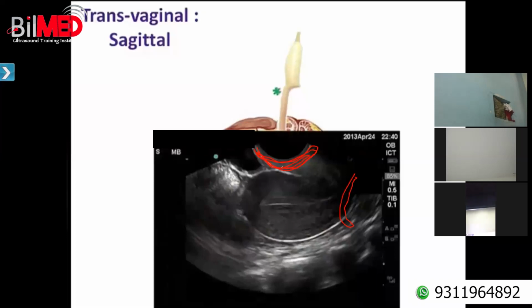Does it mean that your screen orientation should get rotated by 90 degrees, then only it will correlate? Because the machine has rotated the image for your convenience, whereas this footprint should have been here.